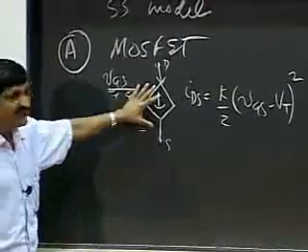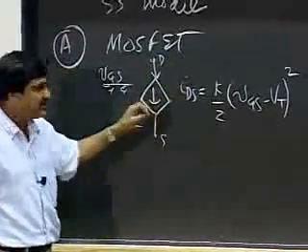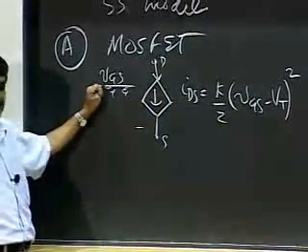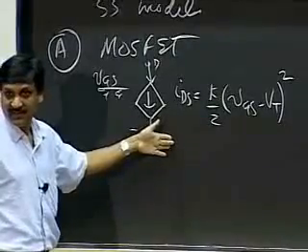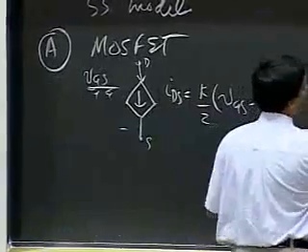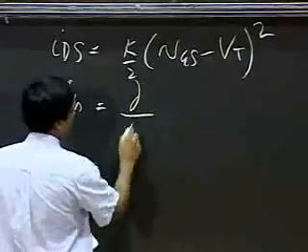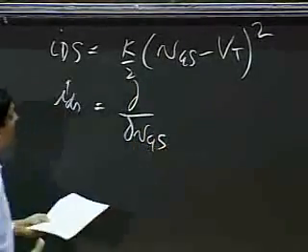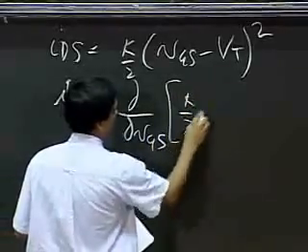All I have to do is find a small signal equivalent, where I need to find out, given a small change in the input VGS, what is the small change in the IDS? I can apply my standard trick to a much simpler expression here, which is: IDS is simply, I differentiate this function with respect to VGS.